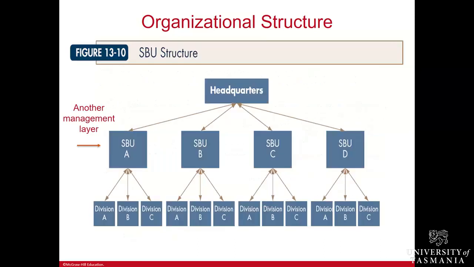For example, when we look at here, of course it's costly because headquarters has, for example, four different units, and then divisions have other managers, and under this, let's say the marketing department and production department have different managers. Every layer of management adds to the cost. I mean, the cost increases as another management layer is added to the structure.